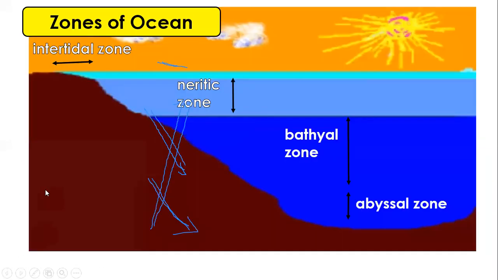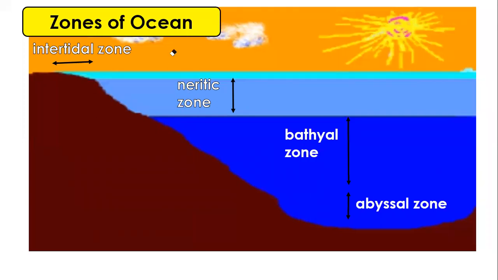Let's go back. So we have here the different zones of the ocean or seas. We have intertidal, neritic, bathyal, and abyssal zone. Closest to the shore, intertidal. After intertidal, that is neritic, wherein most of the aquatic animals live. Then afterwards, we have bathyal zone, wherein we can find the squid, octopus, and sponges.